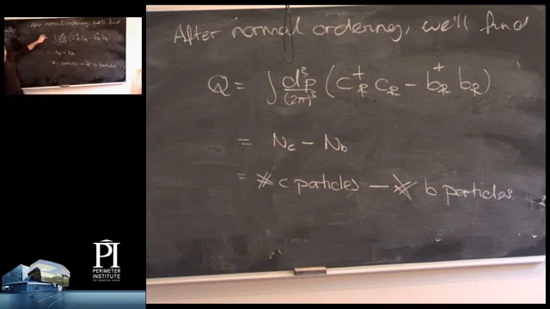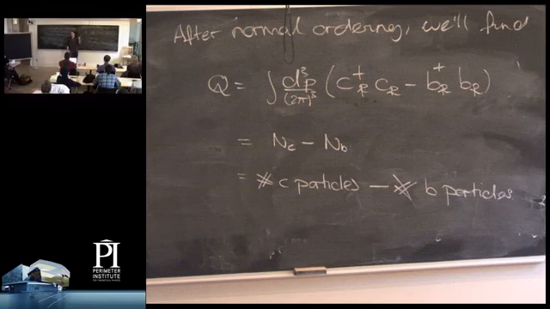However, this quantity Q, which is the difference between nc and nb, will continue to be conserved as long as that symmetry that rotated the phase of psi is a symmetry of the Lagrangian. Okay, that's what we've seen. Symmetries imply conserved quantities, and this is the conserved quantity for the phase rotation of psi. And it will be there in any Hamiltonian you write down as long as that Hamiltonian has the symmetry.